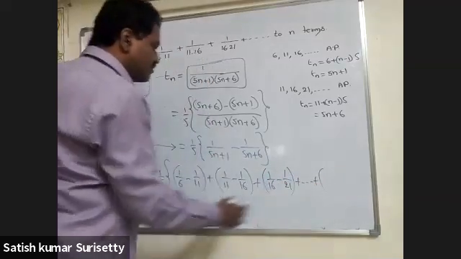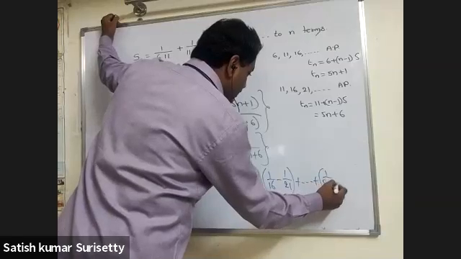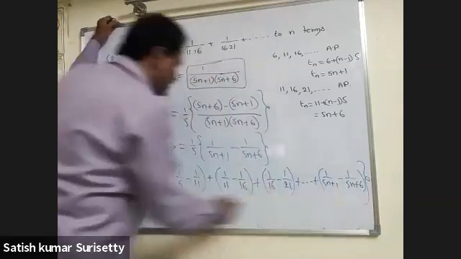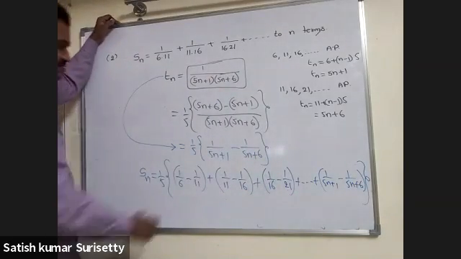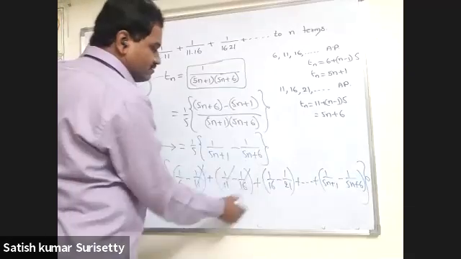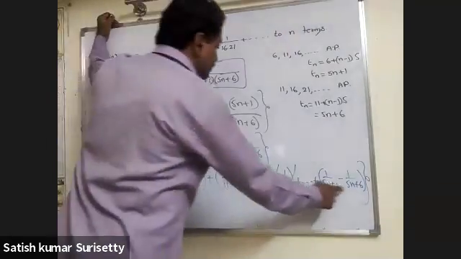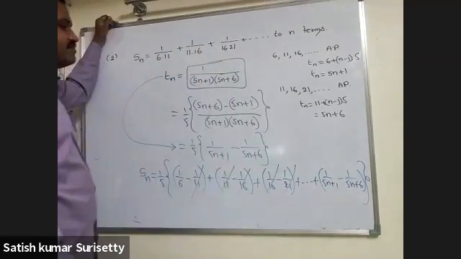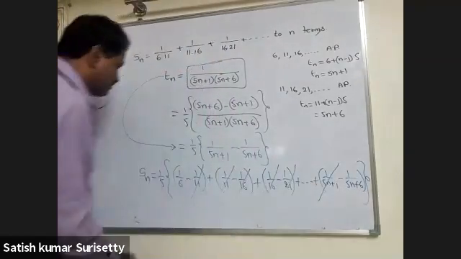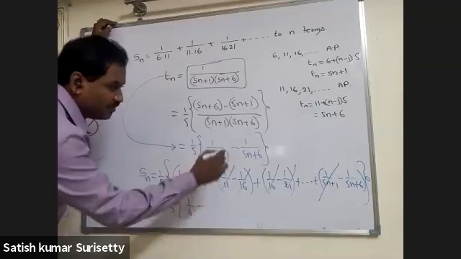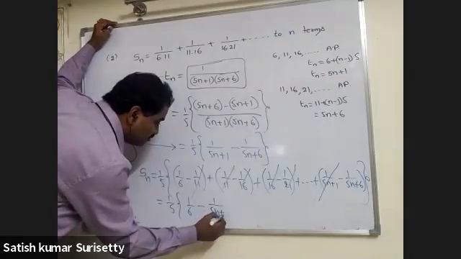The last term is 1 upon 5n plus 1 minus 1 upon 5n plus 6. Now check whether any terms are getting cancelled. 1 by 11, 1 by 16, 1 by 21 also get cancelled. In these two, which one will get cancelled? The first one. Now what is left out is 1 by 5 into 1 by 6 minus 1 upon 5n plus 6.